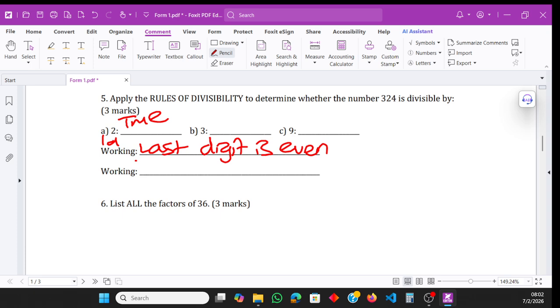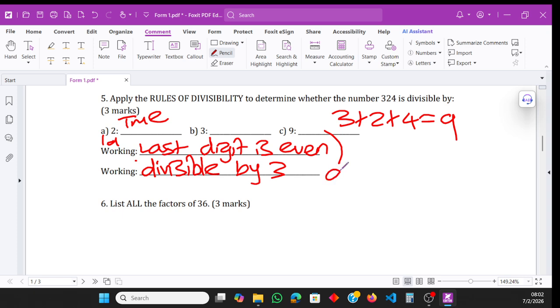Then for the second one, 3. Well, if we are testing divisibility by 3, we sum up the figures. So when we sum, let me do it separately, 3 plus 2 plus 4 gives us 9. 9 is a multiple of 3, so it means it's divisible by 3 because it's a multiple of 3. Now, the last one I think it was 9.